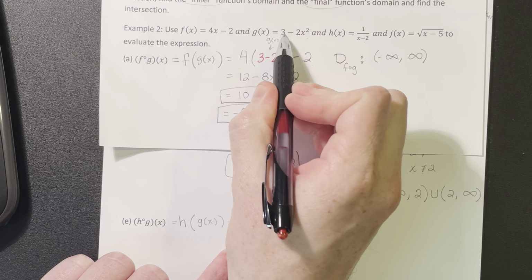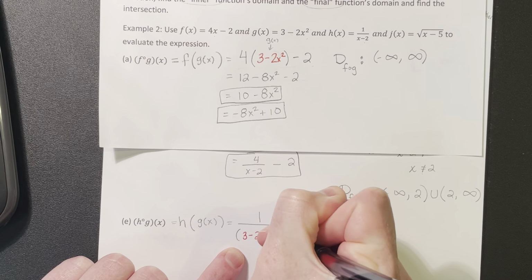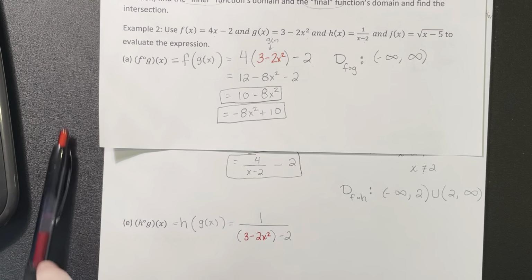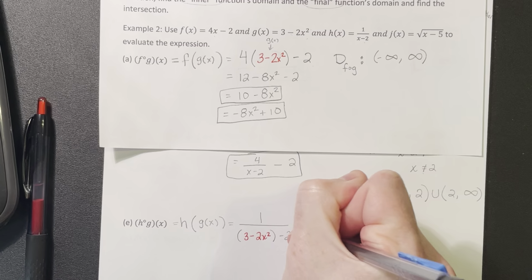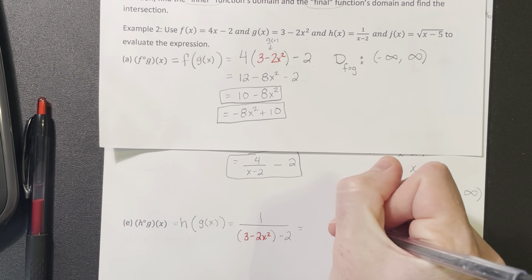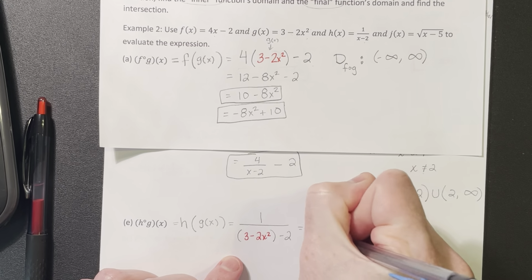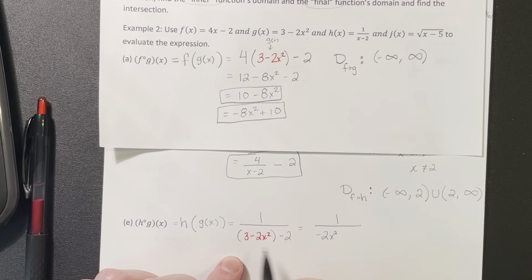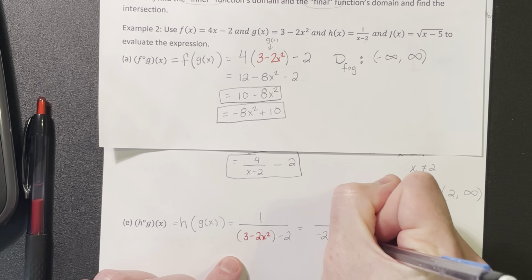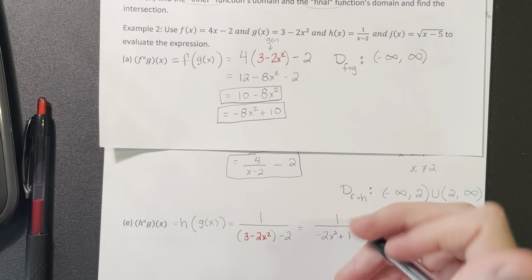G is 3 minus 2x squared, so 3 minus 2x squared. Now we can see if we can try to simplify that, but the only thing we're going to be able to do is just combine some like terms in the bottom. So I'd have a negative 2x squared, and then 3 minus 2 is just 1, so plus 1. And that's all that you can do with this function.